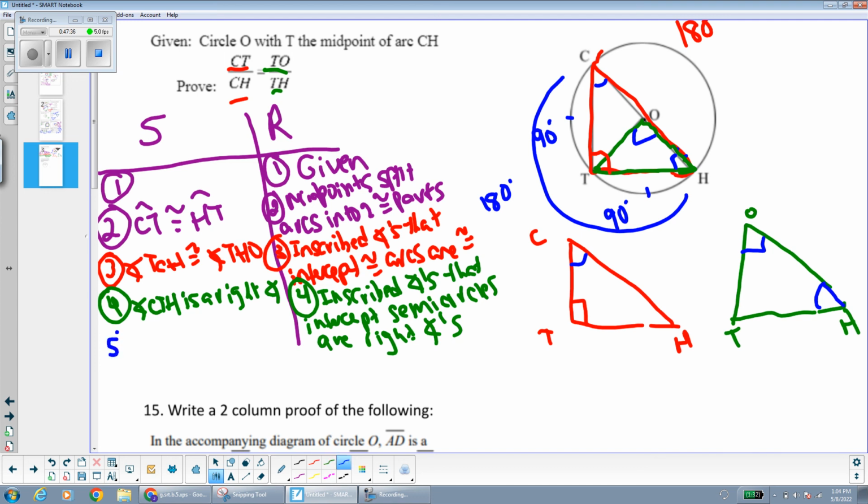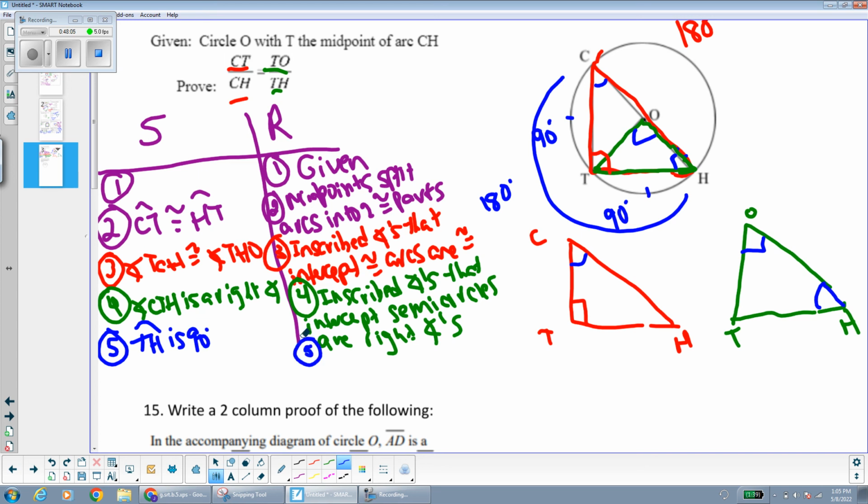From here, all we need to mention is our other right angle, angle TOH. So I'm going to write that down over here. Before I can mention that this is a right angle, I do need to say that arc TH is 90 degrees. So I'm going to write that here. Arc TH is 90 degrees.